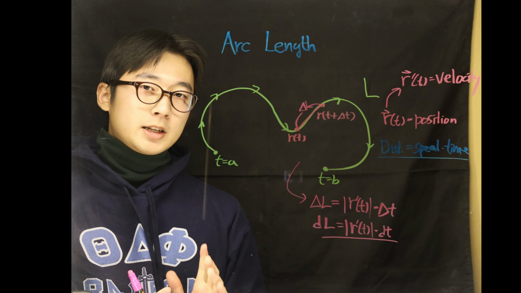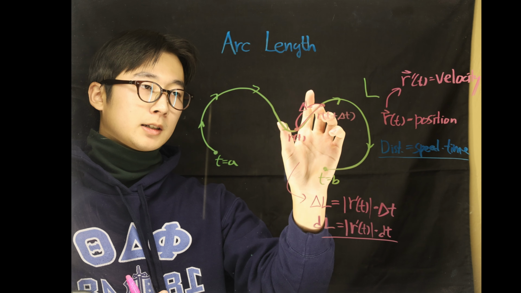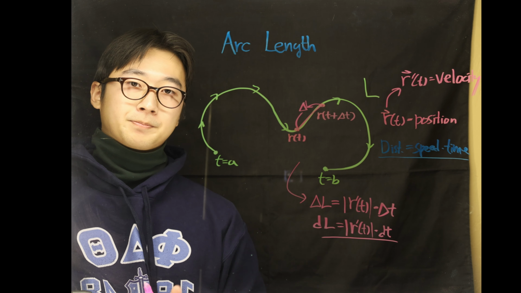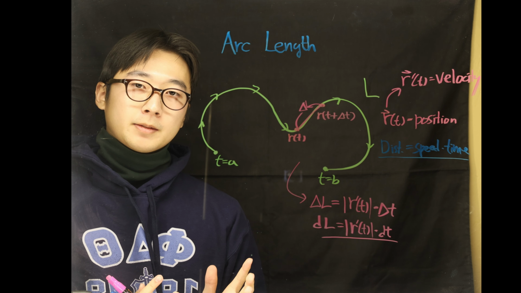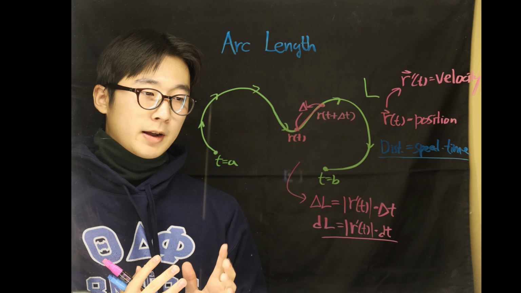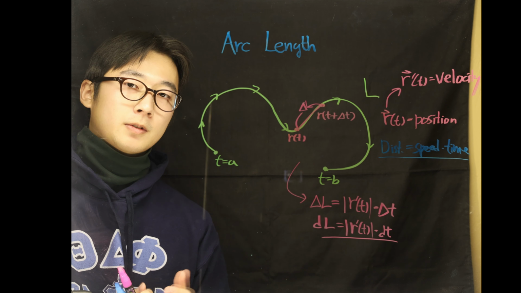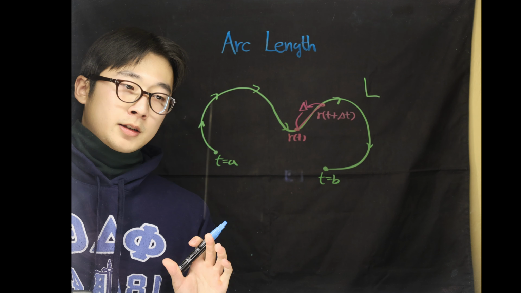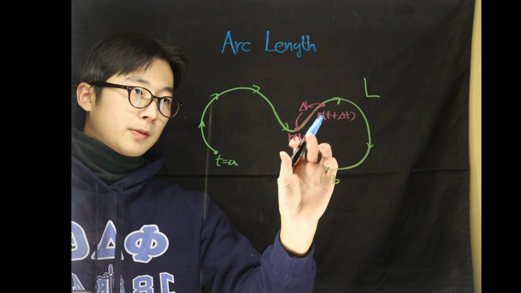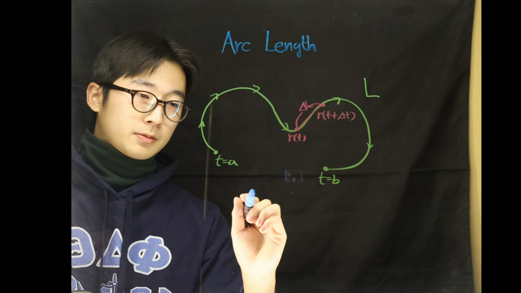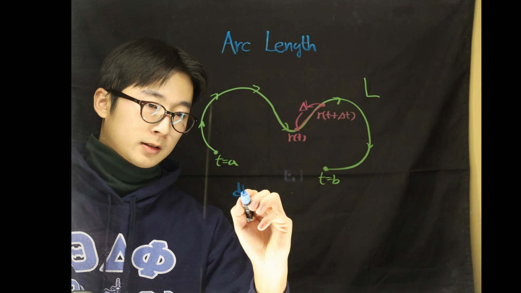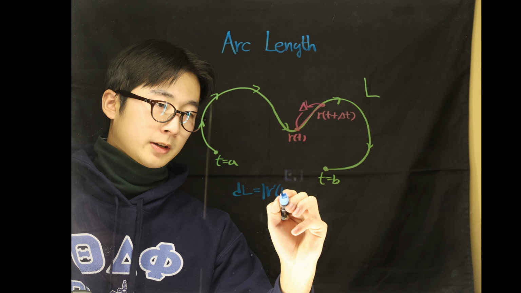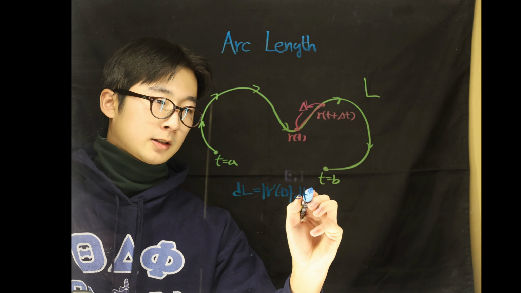Now we just need to add up all these small distances of the entire curve L. How can we do it? This is when the integral comes in. We just need to use an integral to find the total length. Let me show you. So we now know how to find the small distance between 2 points, right? dL equals magnitude times dt.